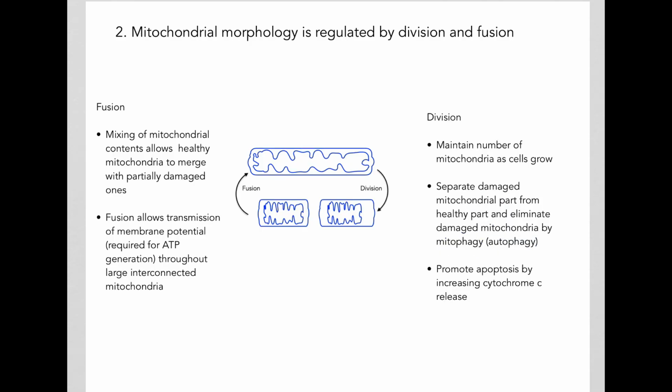Mitochondrial division also promotes apoptosis, because by making more smaller mitochondria, there is a faster release of cytochrome C. And as we'll see in a future video, the release of cytochrome C plays a very important role in apoptosis.